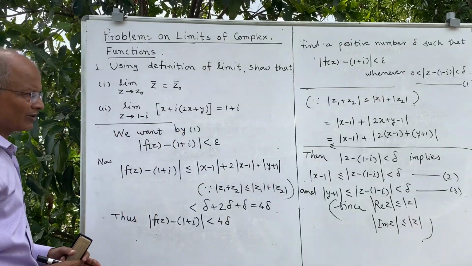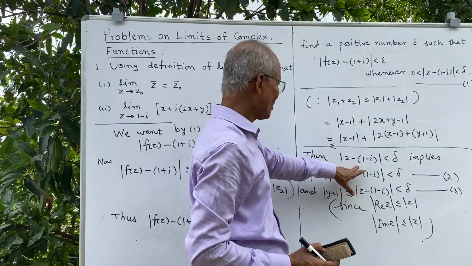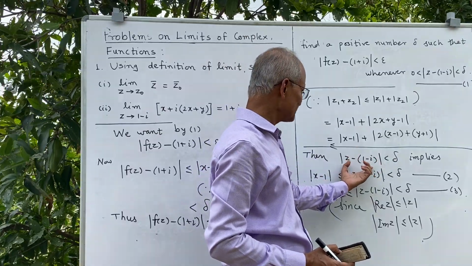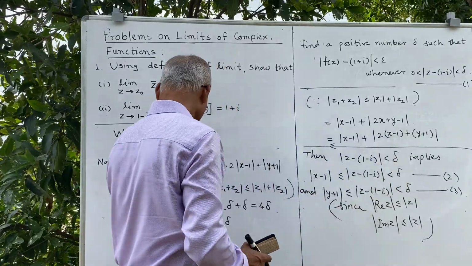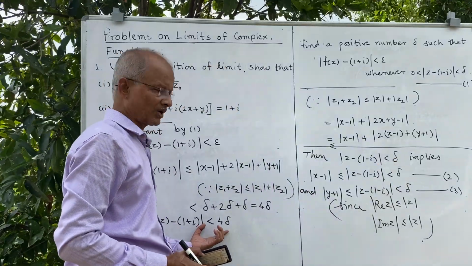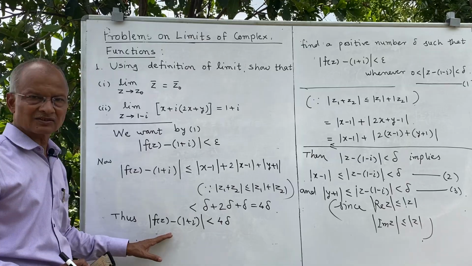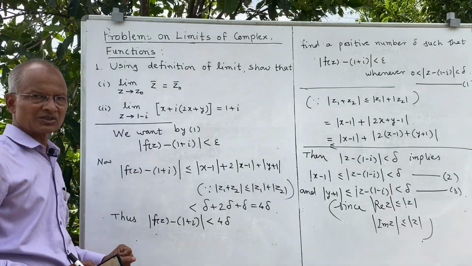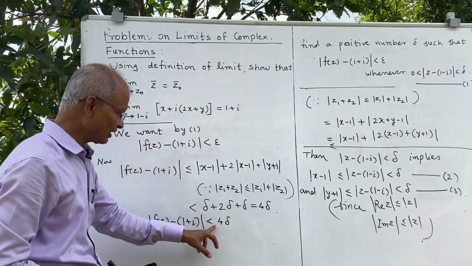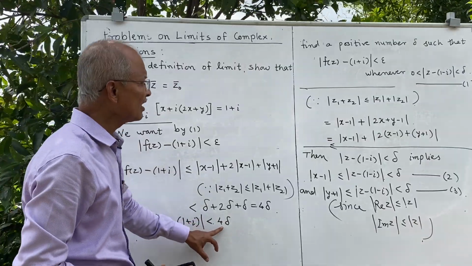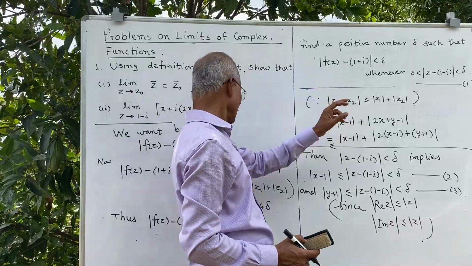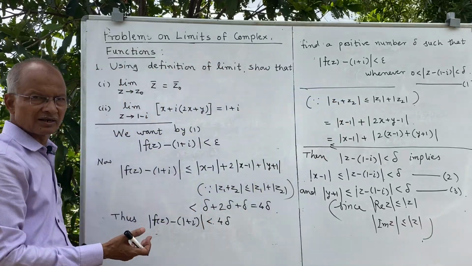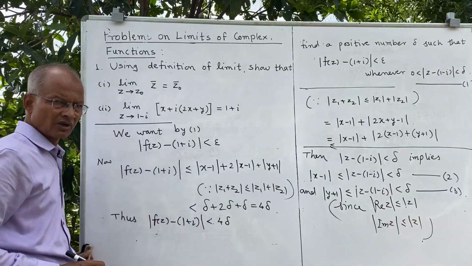If we have considered that mod of z minus (1 minus i) is less than delta, then this expression is less than 4 delta, and this suggests the choice of value of delta. That choice can be taken so that this value is epsilon. We want this relation, and therefore we choose 4 delta equal to epsilon.